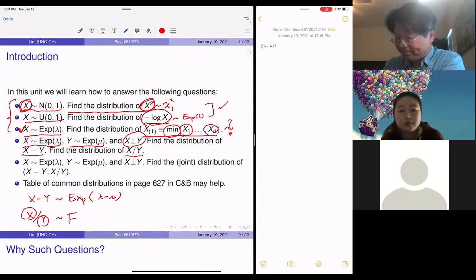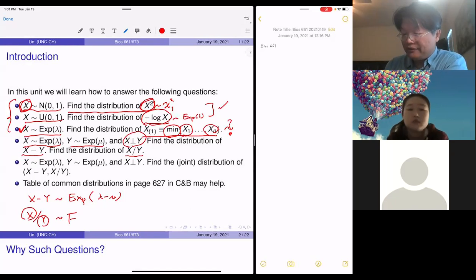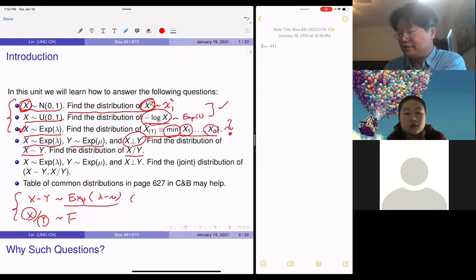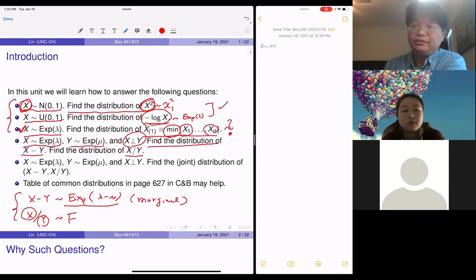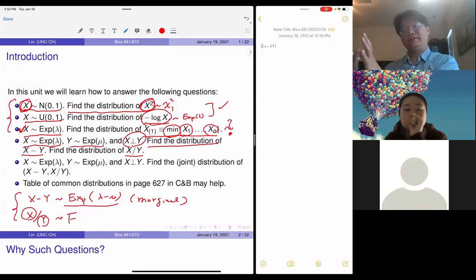So then, if you learn about 660, you will know. If I talk about this guy right here, this is a marginal. This question right here, find the distribution of X minus Y, to us, it's called marginal, okay? But in the meantime, because they are multivariate, even doing transformation, it's still multivariate.